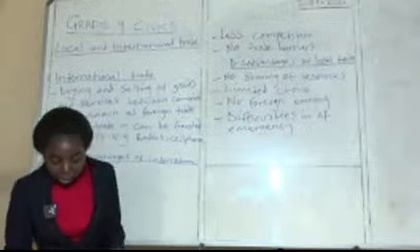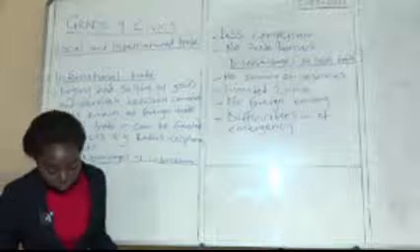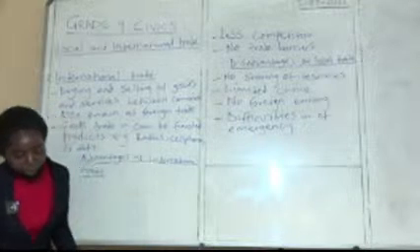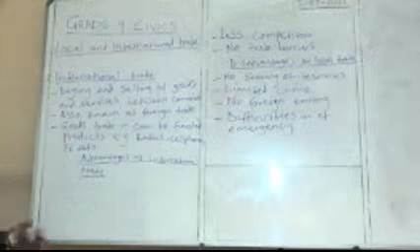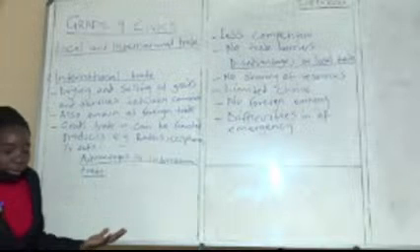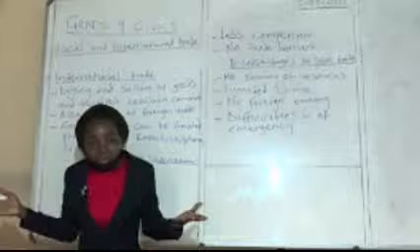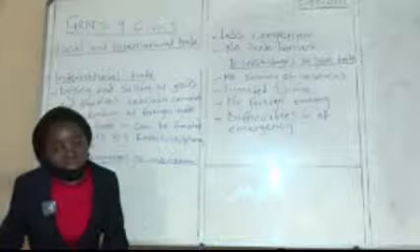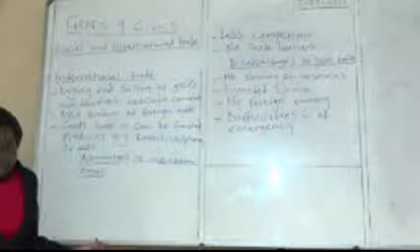Zambia's main revenue comes from the export of copper and other agricultural products. When Zambia exports raw materials like copper, it earns foreign exchange.